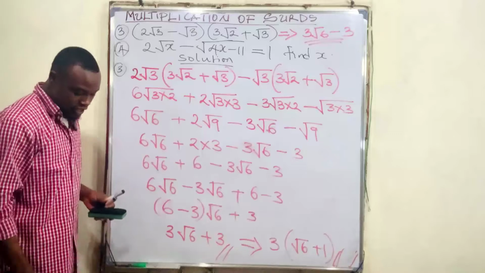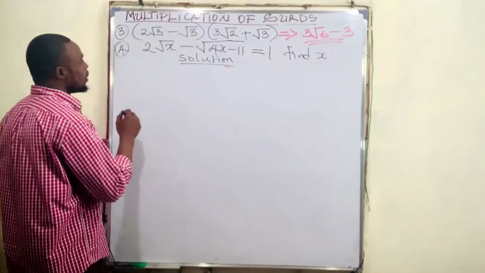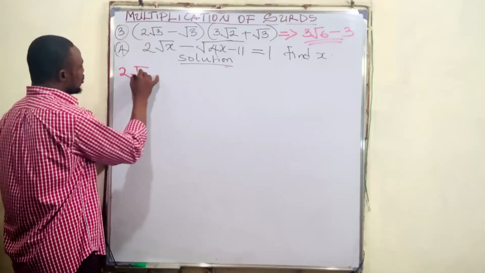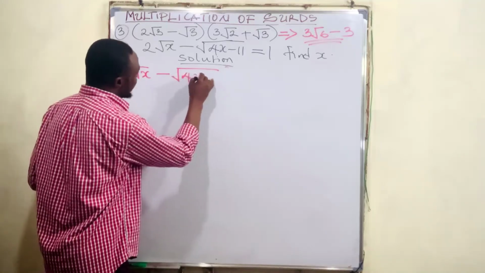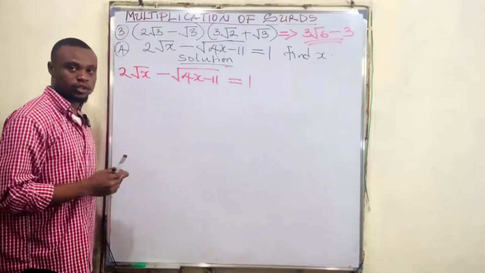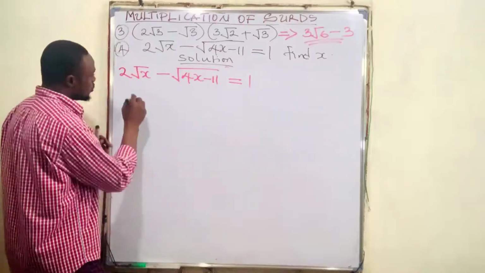So let's finally solve the last question. So the last question here is 2 root x minus the root of 4x minus 11 equal to 1. So what we are going to do here is to square both sides. That's the first thing we are going to do here. So I'm going to write it.